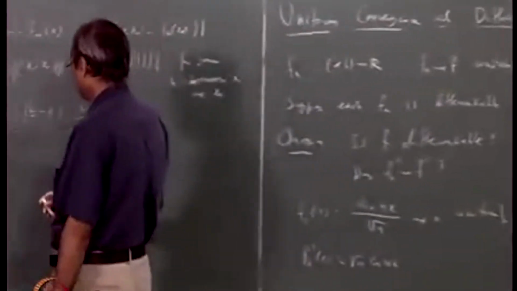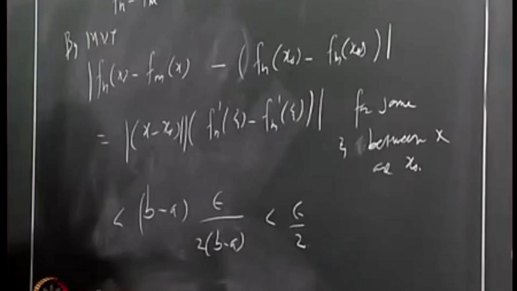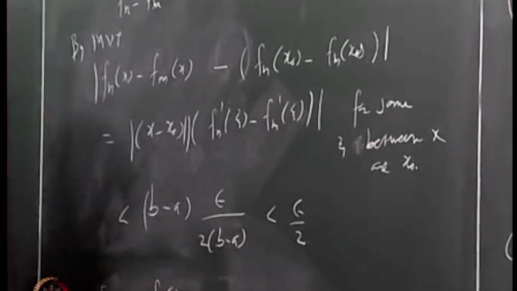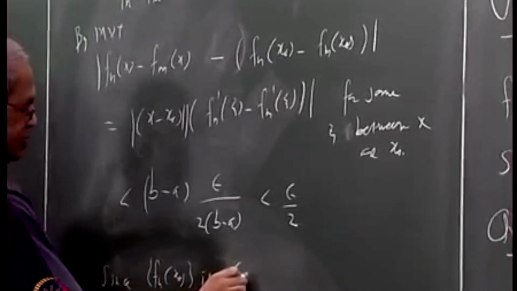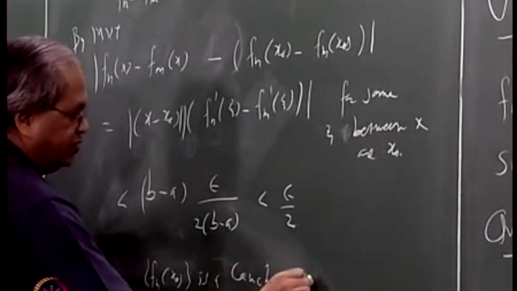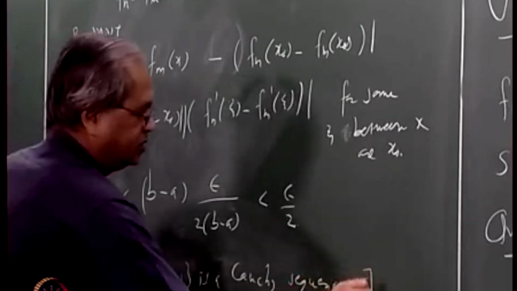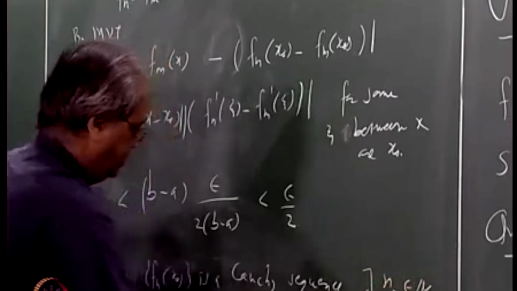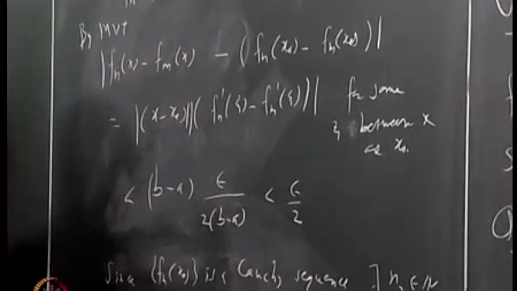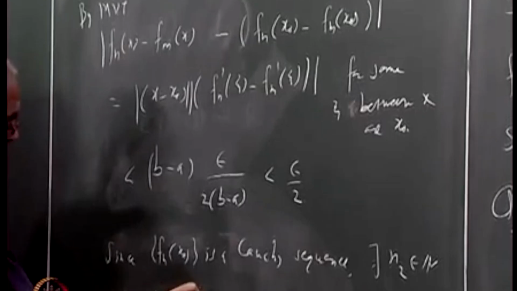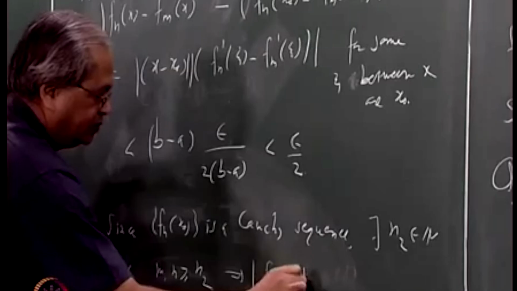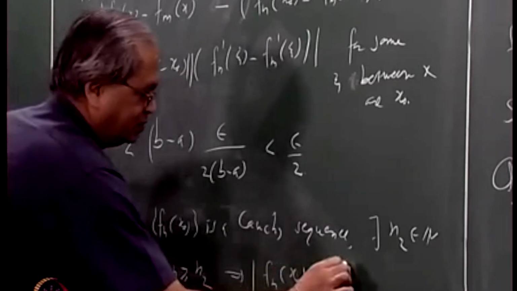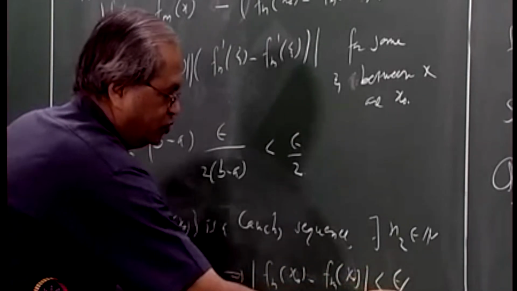So what is the argument? fn x naught is a convergent sequence, hence it is a Cauchy sequence. Since fn x naught is a Cauchy sequence, there exists n2 in N such that m and n bigger than or equal to n2 implies mod of fn x naught minus fm x naught is less than epsilon by 2.